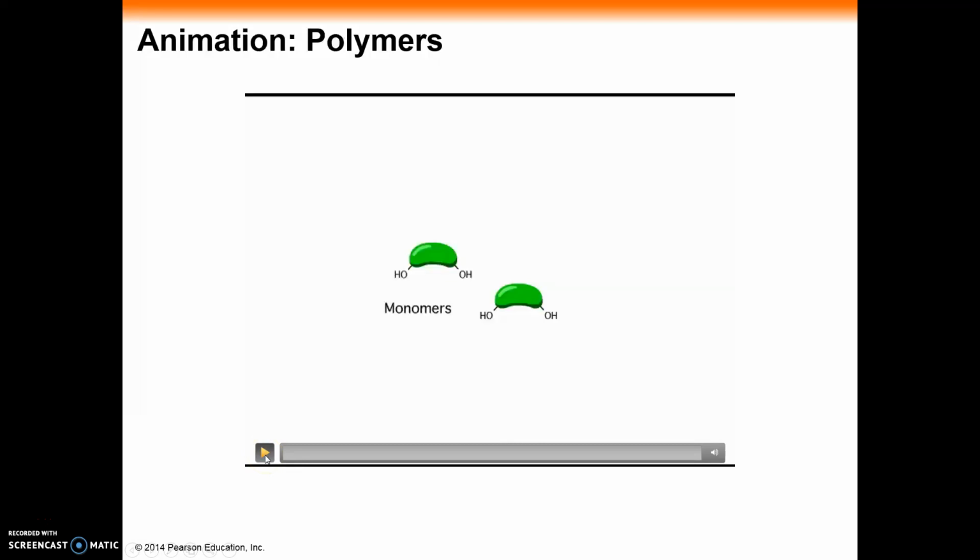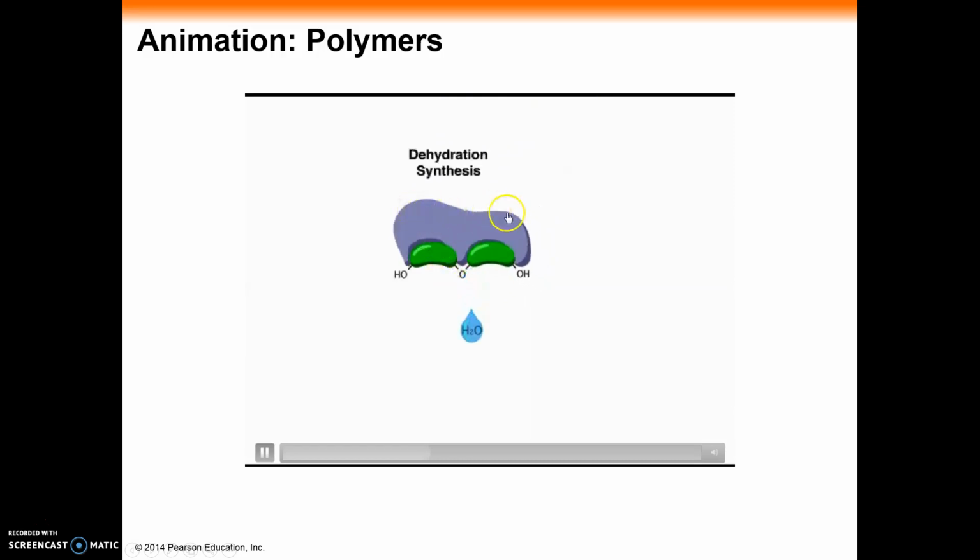I'm going to play a little animation of what this building of a polymer looks like. Here we have 2 individual monomers. We're not describing what they are. What's going to happen is we're going to link these two things together. This doesn't happen by itself. It does require an enzyme to come in; here we'll call it a polymerase, and we will link these two together.